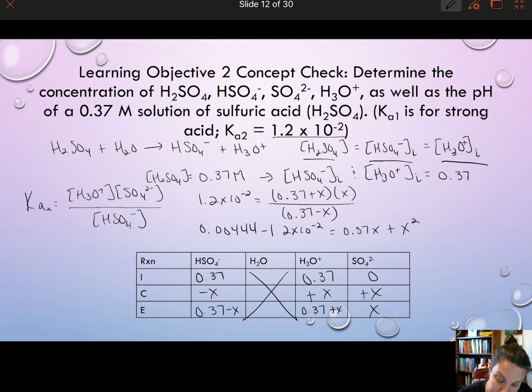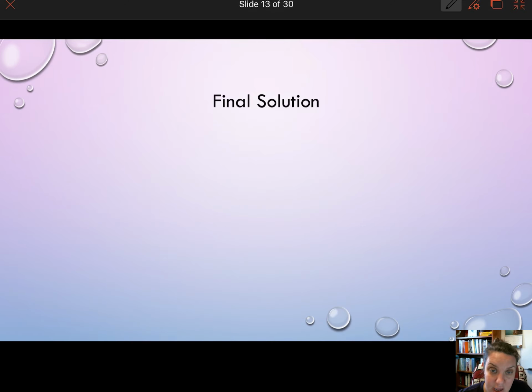Okay, now we're going to combine. We're going to bring everything onto one side of our equation, set the other side equal to 0, and what we get is x squared plus 0.382x minus 0.00444 is equal to 0.